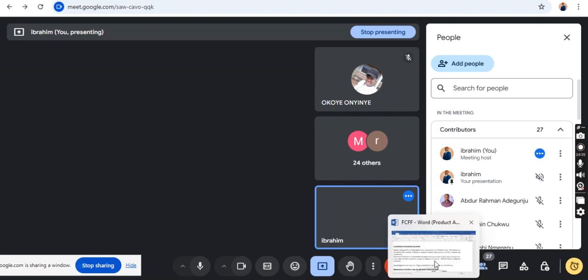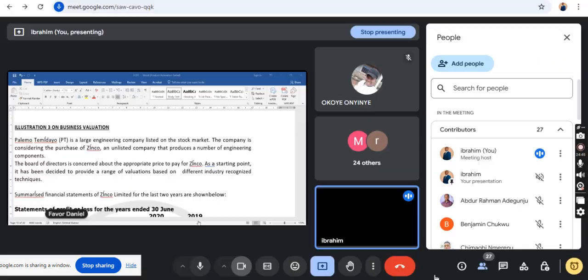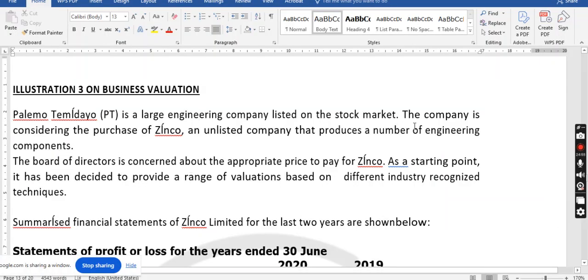Parliament Temidayo, which is PT, is a large engineering company listed on the stock market. The company is considering the purchase of Zinco.